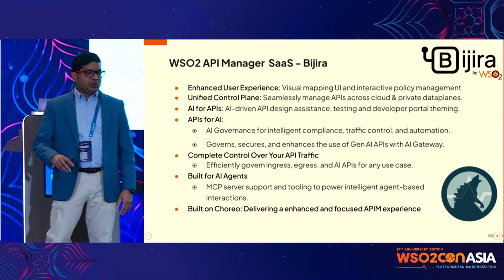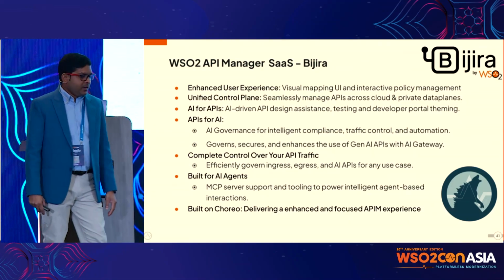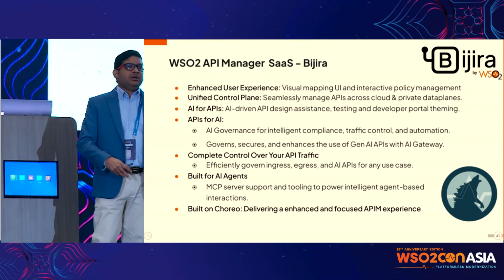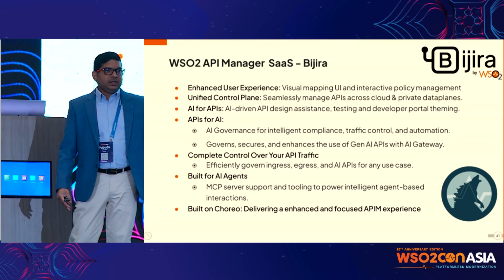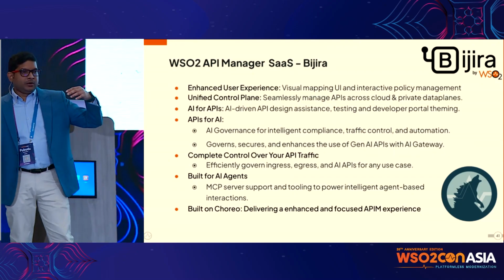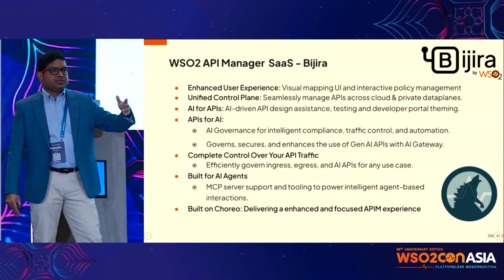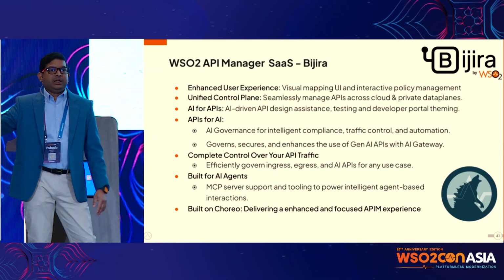Then when it comes to APIs for AI, this is where we have the AI governance. So if you take your organizations today, probably you have tons of English documents which list down the best practices, your regulations, or whatever mechanisms that you have when developing, or even anything else.